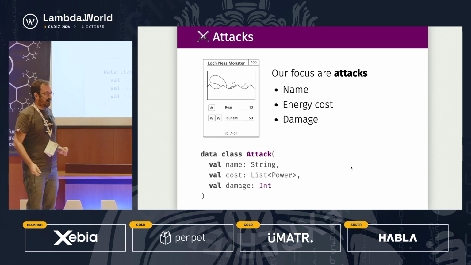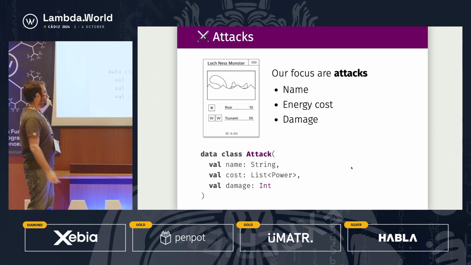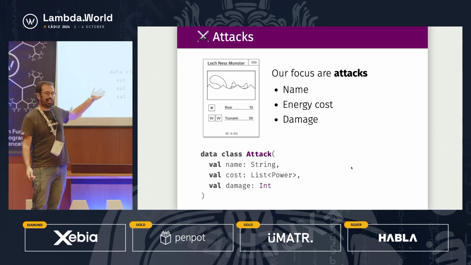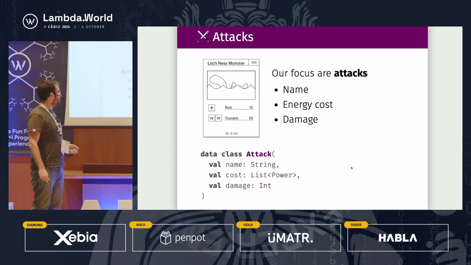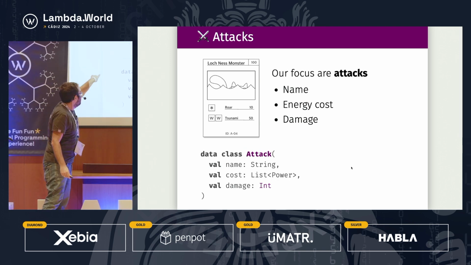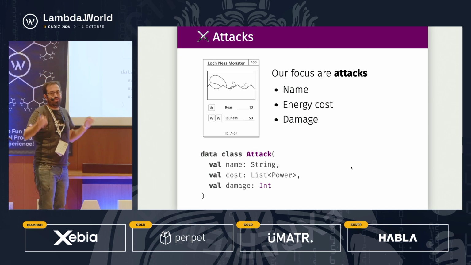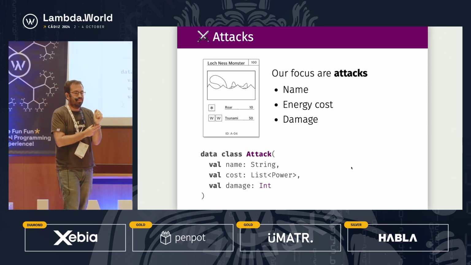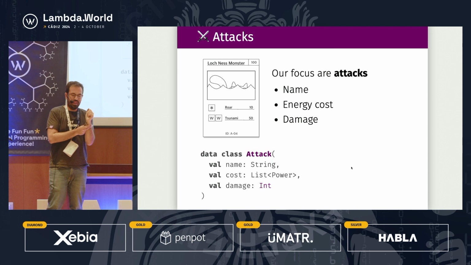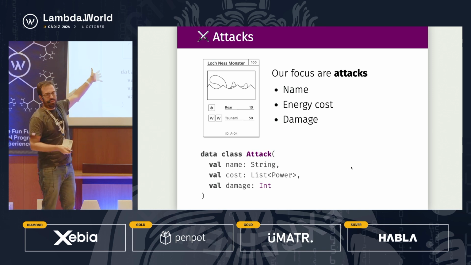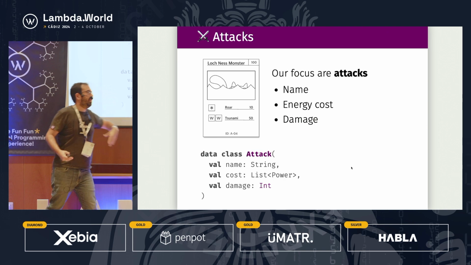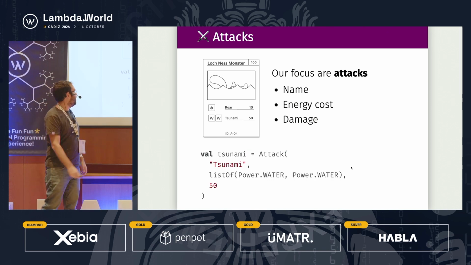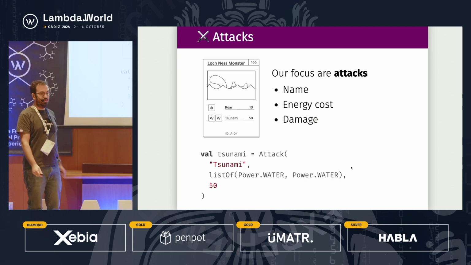For this, I'm going to use a simple data class, a case class for the people doing Scala, or just a record for people doing other languages: a name, a list of powers, which are the energies you need, whatever you want to call them, again depending on the game, and then some damage, which is how much damage you do to the opponent, like 10 or 20. So here is my Loch Ness monster cat.